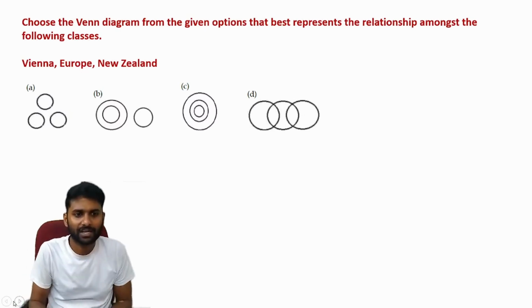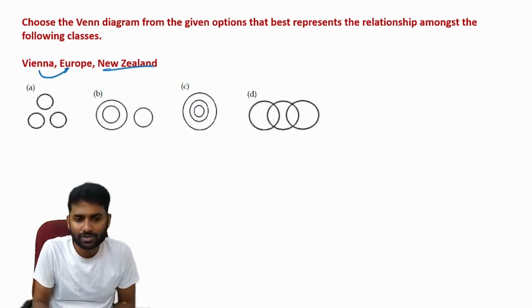Now you already know that, guys. Vienna is a part of Europe and New Zealand is a completely different country. That's why here the relation is B.